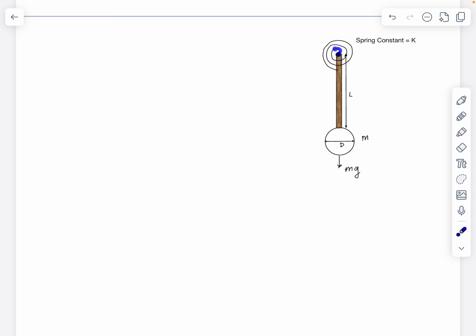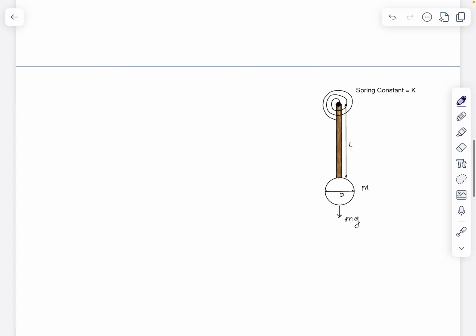And there is a spring with a spring constant equal to k that's attached to the pendulum. We want to find the time period here. So the restoring torque has two components.